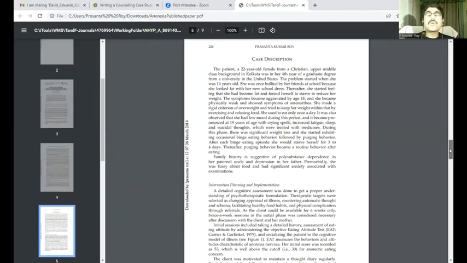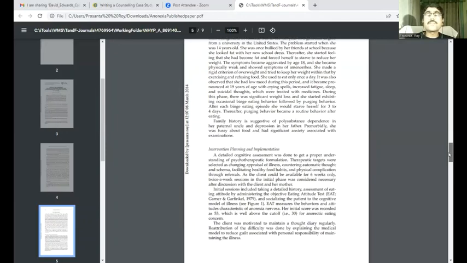I also mentioned if there is any family history of psychiatric morbidity, because that can be helpful in formulation of the case.